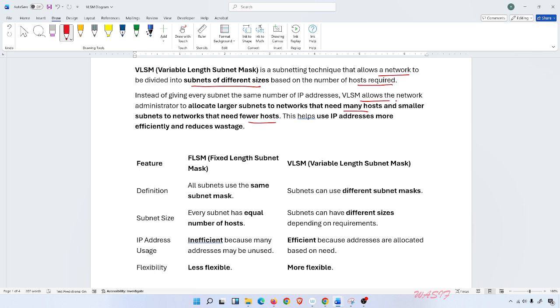This helps use IP addresses more efficiently and reduce wastage. Now, in the case of FLSM, if you have different variations of requirements, then FLSM is not efficient because you get the same block of IP addresses for each subnet.